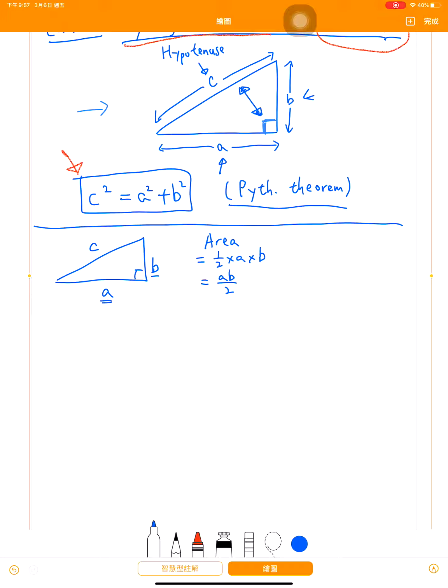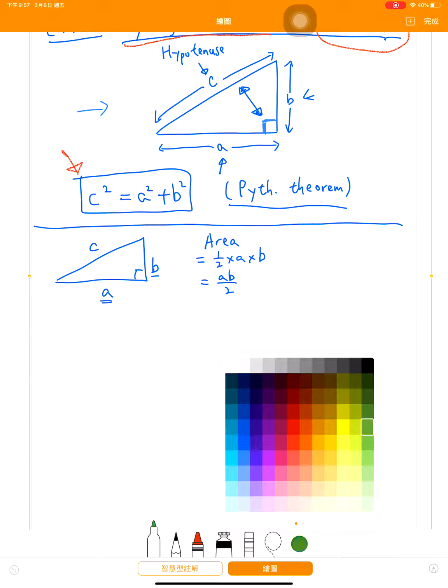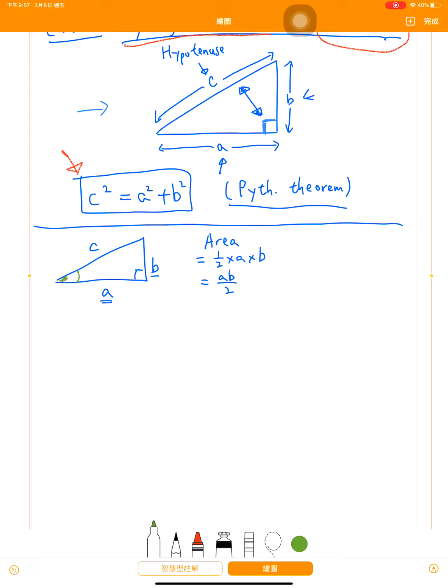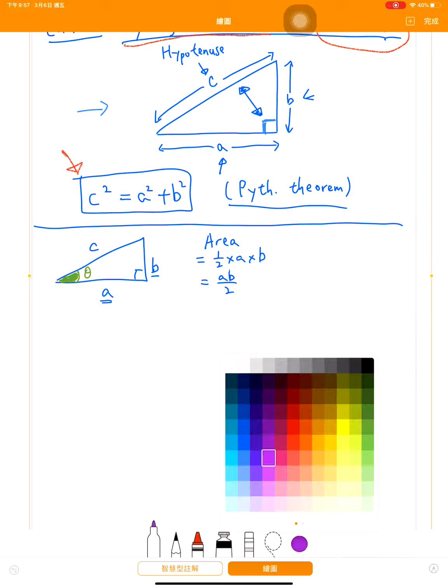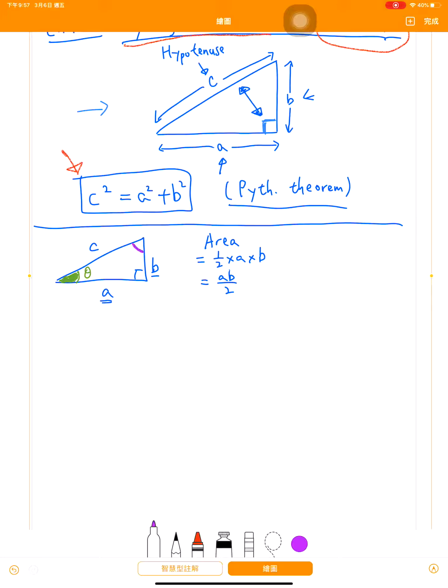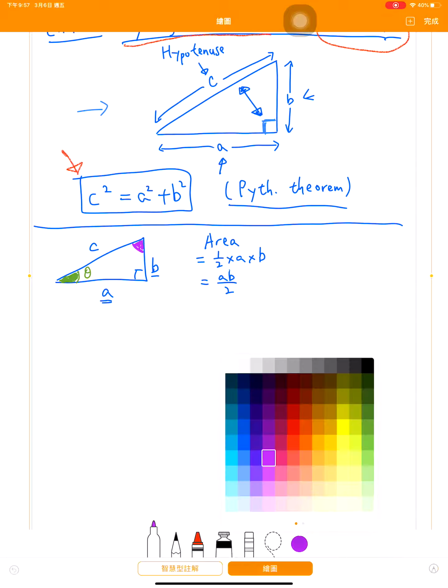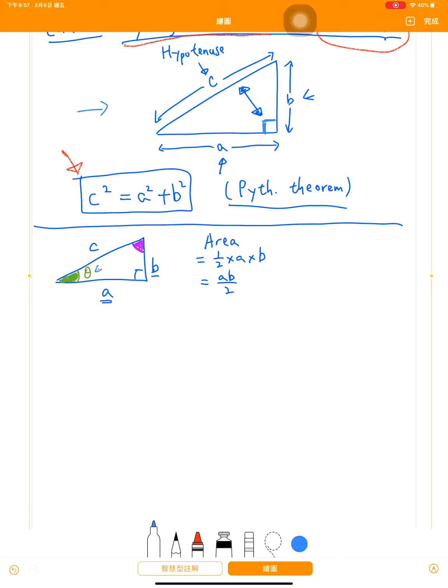Also, before we prove, I also tell you some properties. For this angle, I let it be theta. And for another angle, in this triangle, this angle, this angle, and this right angle, the sum of these three angles should be 180 degrees.